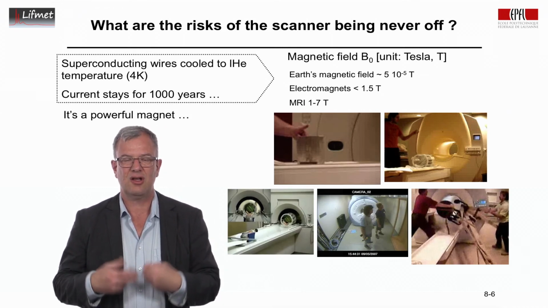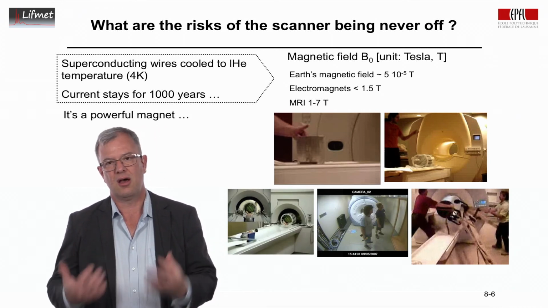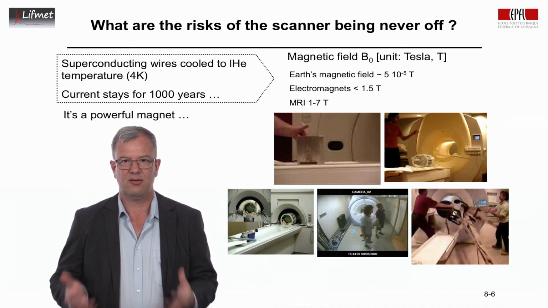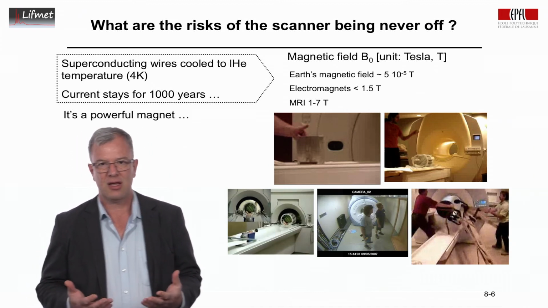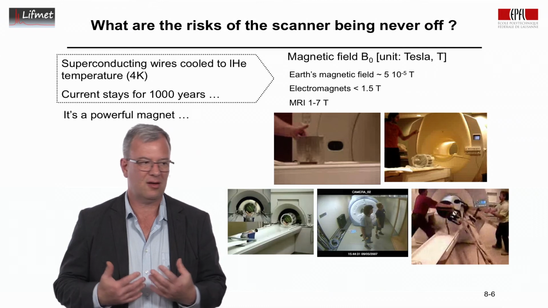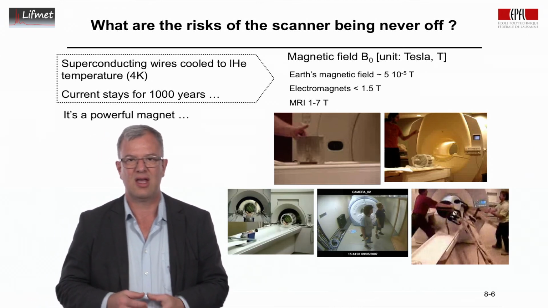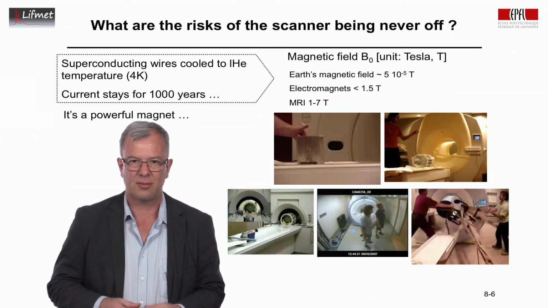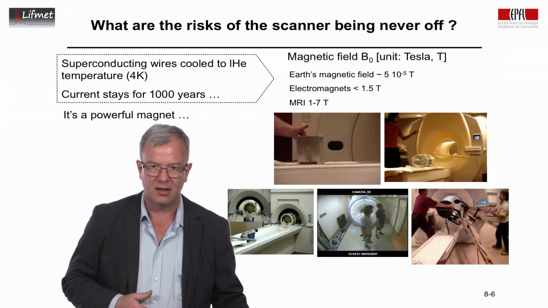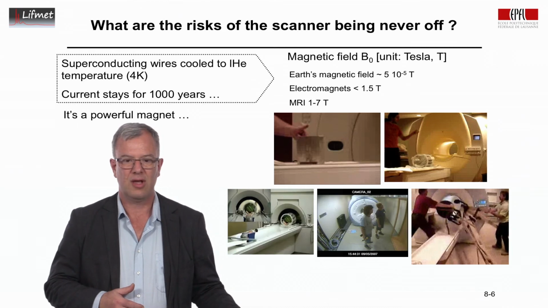It's not a biological risk, it's a danger, just like walking up and down the stairs. If you don't pay attention, you can fall and break your neck. Here we have to be cautious around the magnet, making sure that ferromagnetic objects stay far away from our subject and from the scanner, and then we are okay.